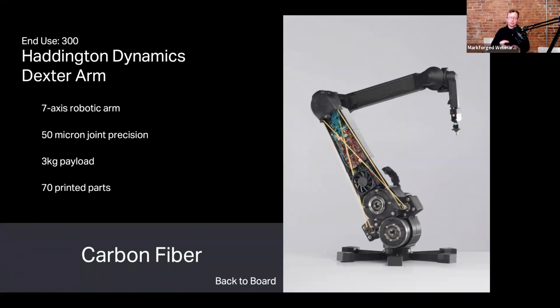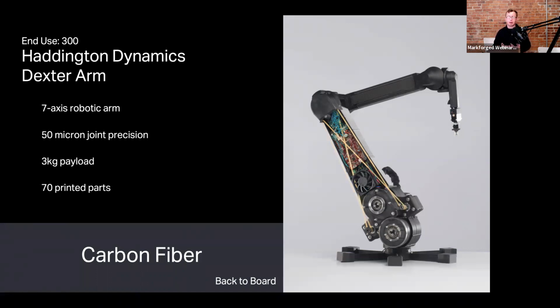So because carbon fiber has the maximum stiffness of all of the materials, it will allow for that. And also you want the arm to be really light. If the arm was heavier, then it wouldn't be able to move as fast, and it would also only be able to support a smaller payload. So by printing all these parts with carbon fiber reinforcement, they can make the arm really stiff and rigid, but also really light.